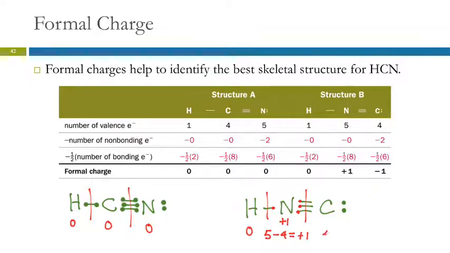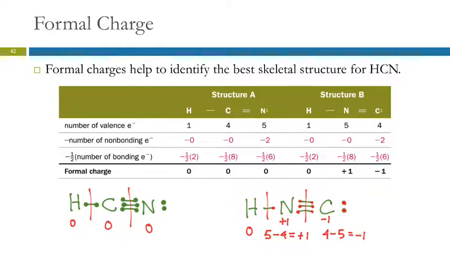Carbon brings 4 electrons when it participates in this partnership. And when the carbon is leaving, 1, 2, 3, 4, 5 electrons. 4 minus 5 is a negative 1. It has a negative 1 formal charge. Now, I don't know about you, but I like that better than this business up here.